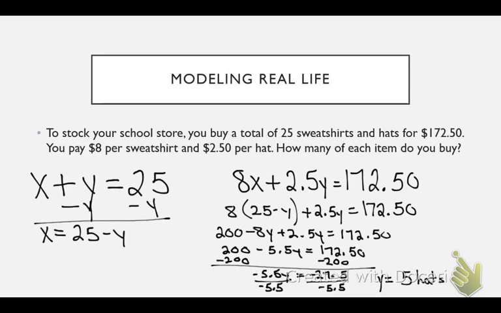Okay, well, if you bought 5 hats, what number plus 5 equals 25? 20 sweatshirts. Because you bought 25 total.